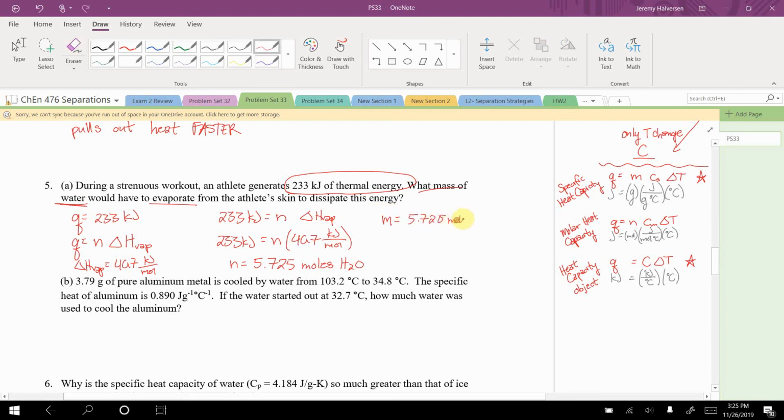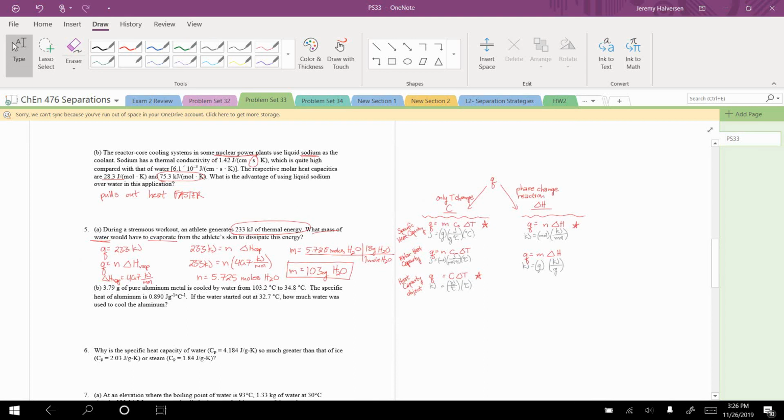I know that 1 mole of water is 18 grams. So multiply 5.725 moles by 18, and I get 103 grams of water. So that's how much you, in theory, have to sweat off in order to absorb the 233 kilojoules of thermal energy that's produced during the workout.